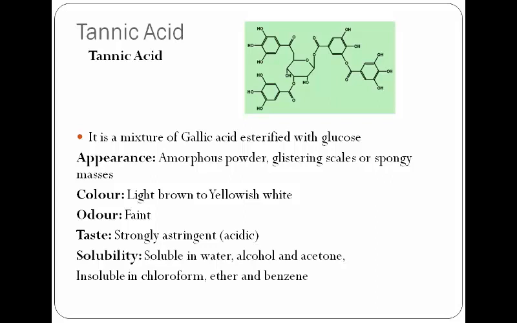It is of light brown or yellowish white color, with a faint odor and a strong astringent acidic taste. It is soluble in water, alcohol, and acetone, whereas it is insoluble in chloroform, ether, and benzene. You can see its structure, which shows gallic acid esterified with a glucose molecule.